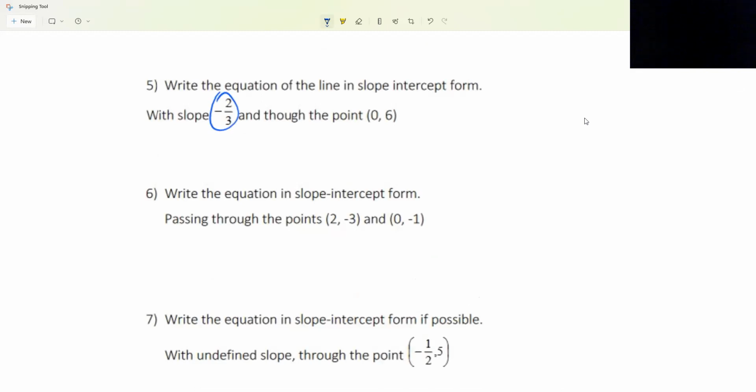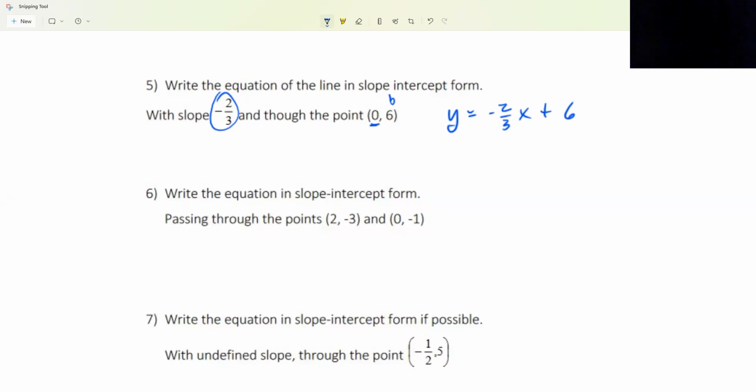And since x is 0, you know that this is b. Remember, if x is 0, then the y coordinate is b. They give us the y-intercept here. So all we've got to do is say y is equal to, what's our slope? -2/3 x plus 6. And we're done.